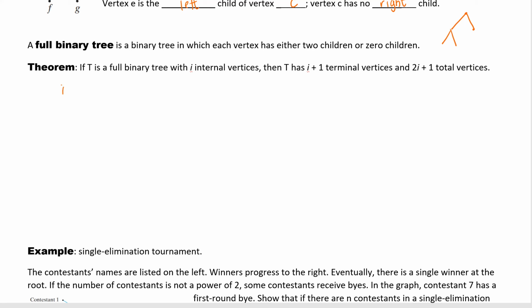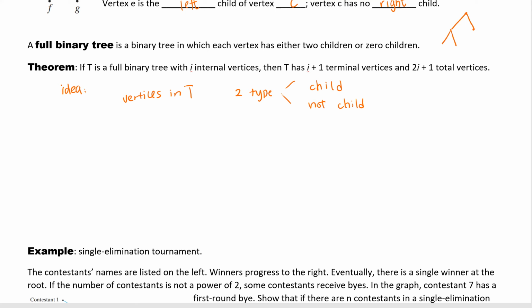Okay, so let me give you some idea here. Let's look at the vertices in the tree. There are two types. A vertex is either a child or it is not a child.